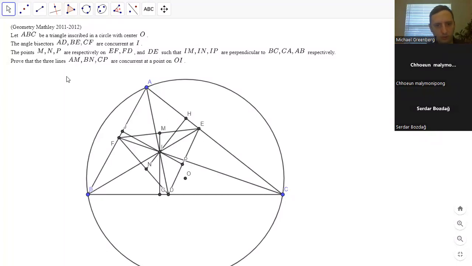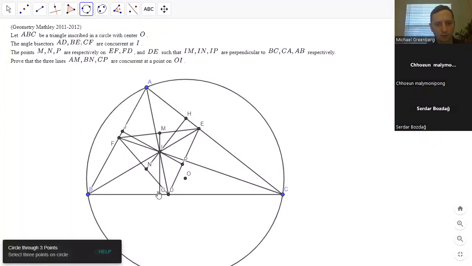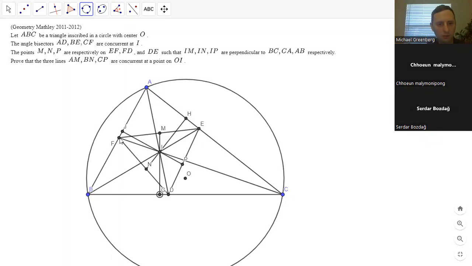So like DEF is the incircle, right? So yeah, maybe we could do something with a homothety, like a homothety that takes the incircle to the circumcircle.